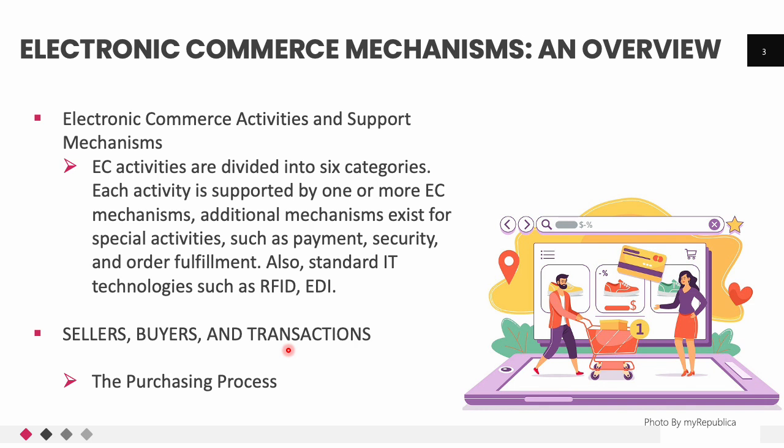This is the step-by-step journey that the buyer takes to purchase something online, like maybe browsing, and then once they choose the goods, they add it to the cart, and after that they do the checkout, they do the paying, and then they receive the products.